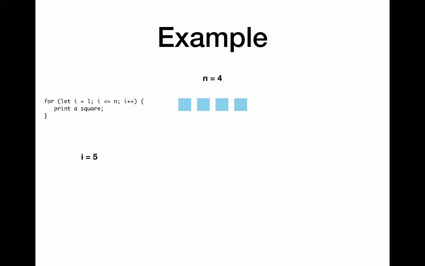When we get to that test, i is less than or equal to n, 5 is not less than or equal to 4, and so that's when we quit the loop, and we have a beautiful row of squares. Easy, yeah? Okay. So we know how to print a row of something. Now, let's take it the next step and print the whole square of squares.